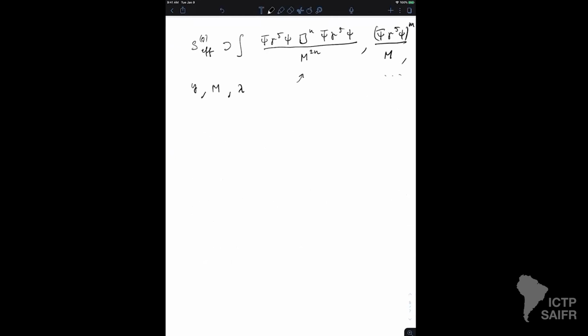One more small comment. So far, I really emphasized the fact that you want to choose the Wilson coefficients, say in this case of the tree-level effective action, to match the tree-level amplitudes, so as to really have the same physical predictions. But in practice, you are free to match the theory any way you want.